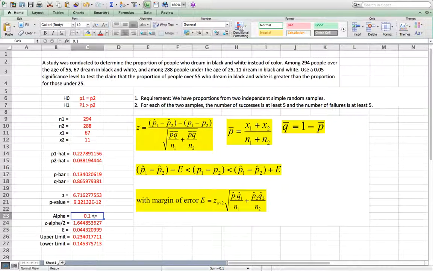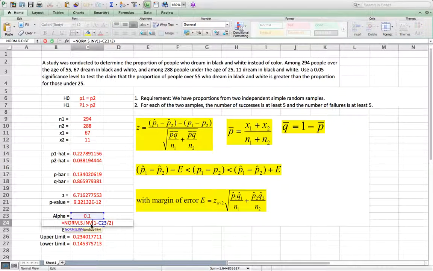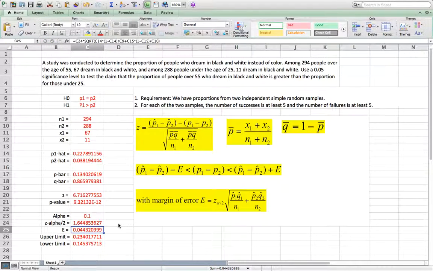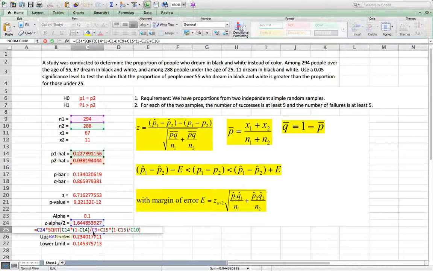Since it is a 90% confidence interval, your alpha is 0.1, which is 1 minus 0.9. So I calculate z alpha over 2, which is normal distribution inverse of 1 minus alpha over 2. That's your z alpha over 2. Then your margin of error will be z alpha over 2 multiplied by this value.